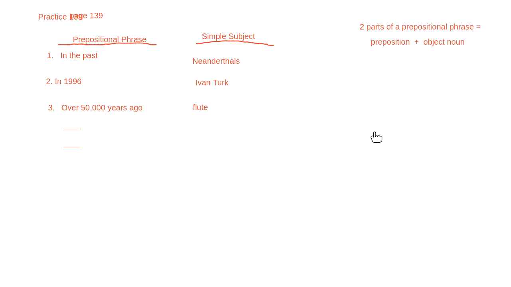Because we have some more. I already put one here, over 50,000 years ago. That's a prepositional phrase. But in number 3, we also have 2 more. Let's see if you can find them.